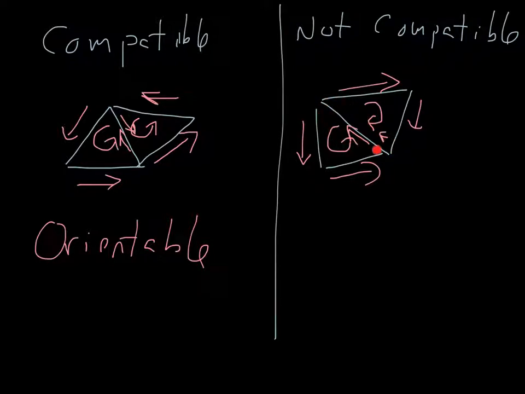The left face, the orientation on this common edge goes up and to the left, and on the right face, the orientation goes up and to the left. So since on this common edge they don't have opposite orientations, this means that we wouldn't be able to orient the surface. So these are not compatible. So not orientable.